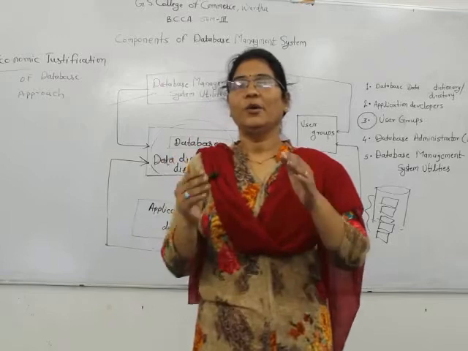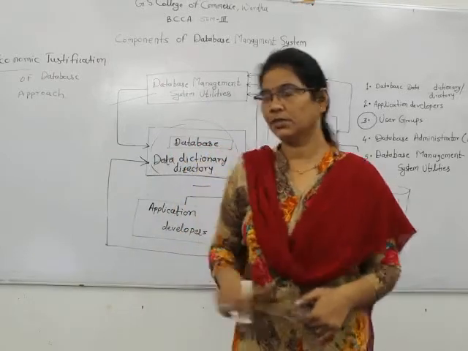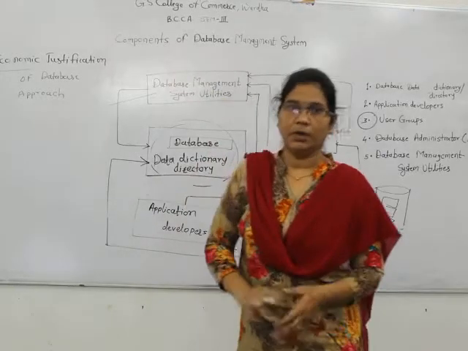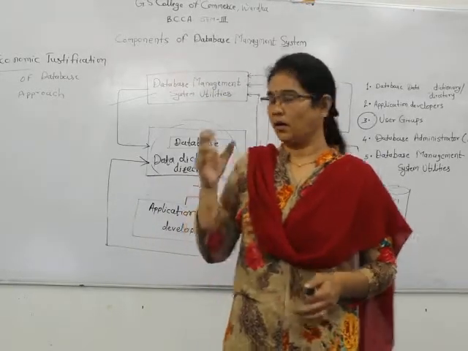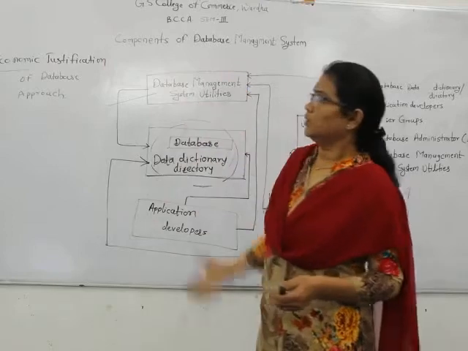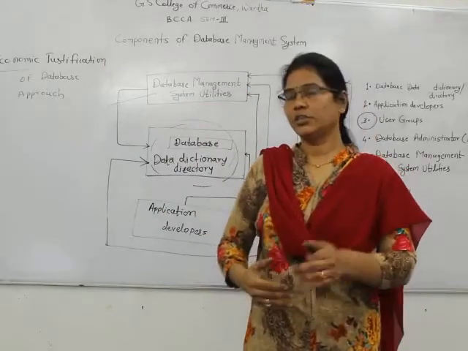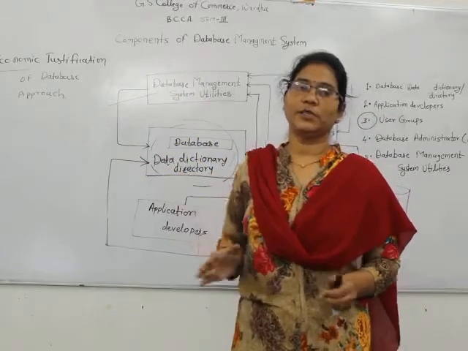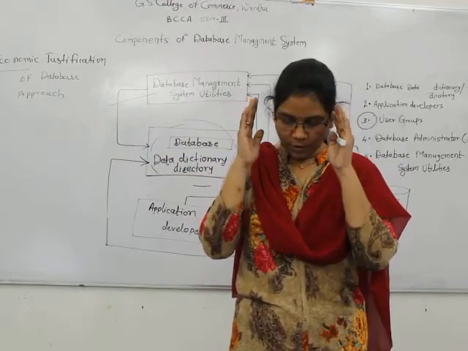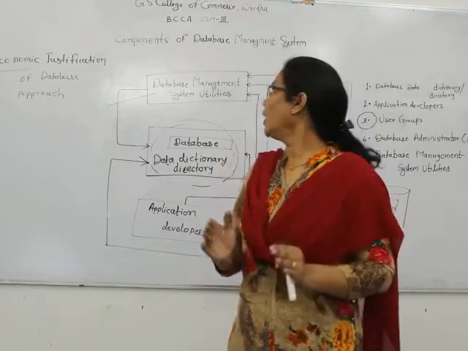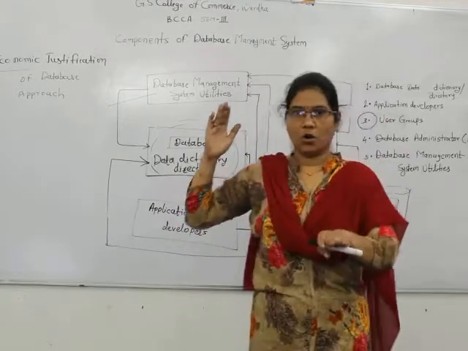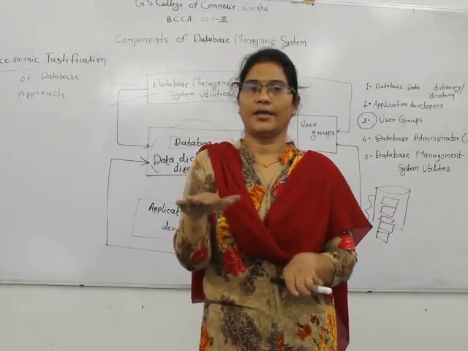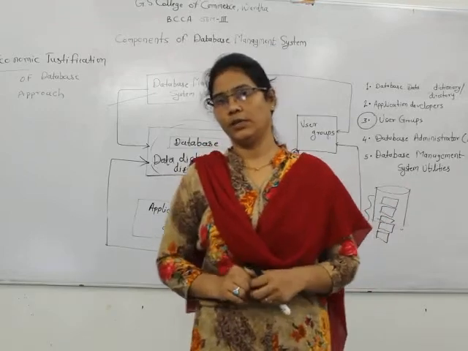So basically, when we design our system by using the components of the database management system, keeping that approach in mind, then we have to check whether the system is economically justified or not. For justification, we have to manage the cost and the benefits. If the cost is low and the benefits are high, then our system is economically justified.